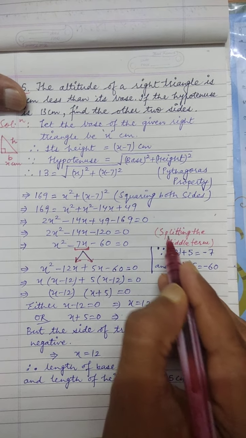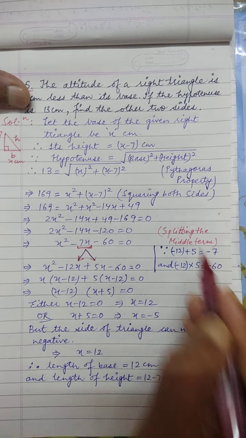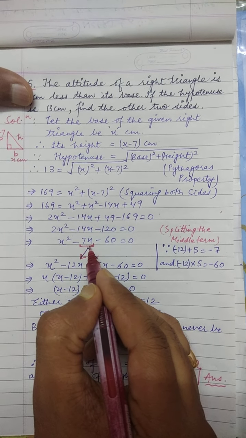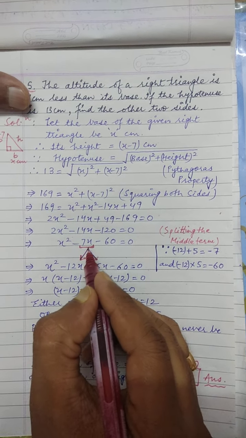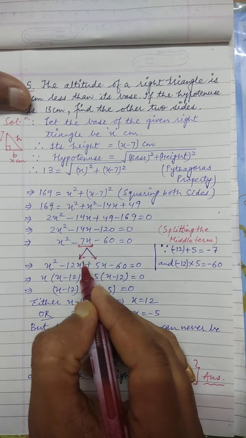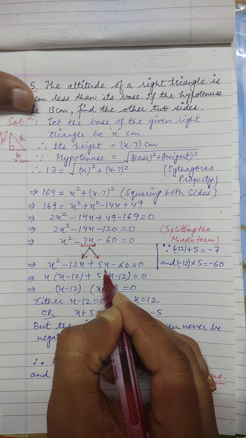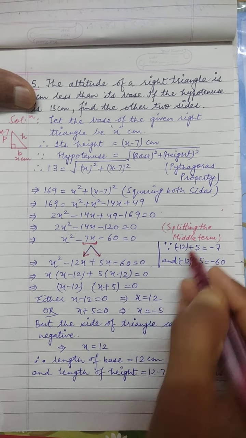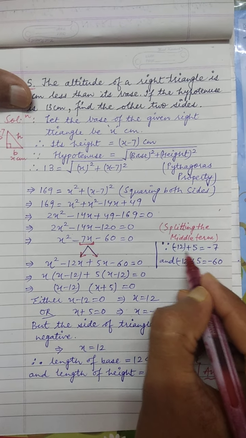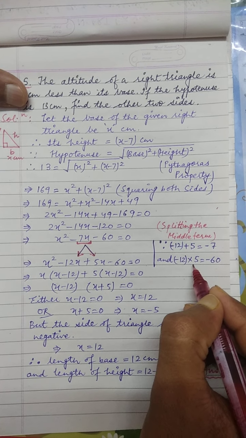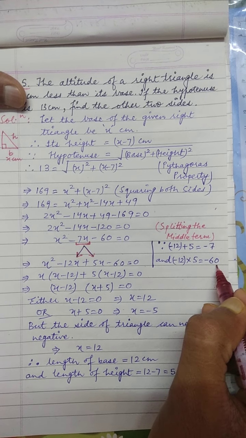Now again we will apply the splitting the middle term method. So the middle term is minus 7x. It is split into two parts which are minus 12x and plus 5x. And why have we taken these two as factors? Because minus 12 plus 5 will give you minus 7, and minus 12 multiplied by 5 gives minus 60.